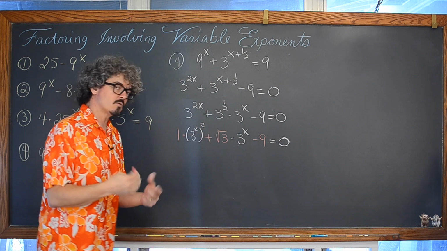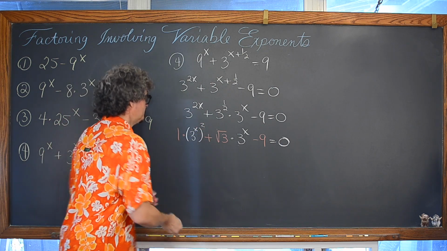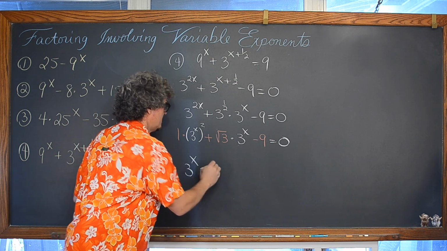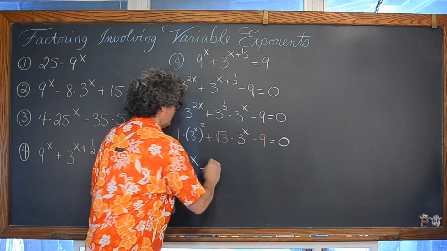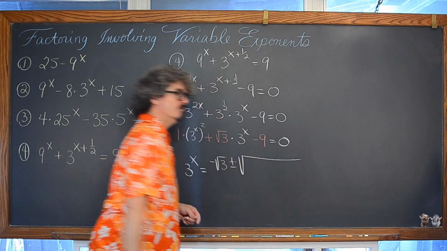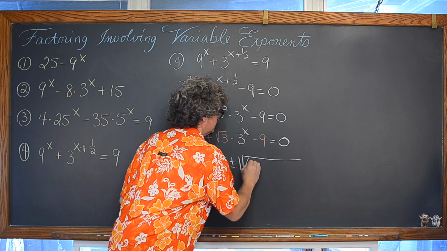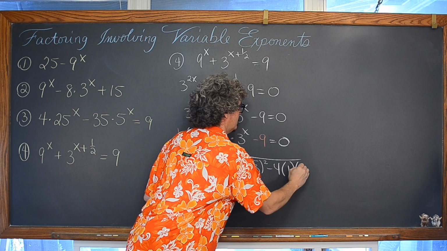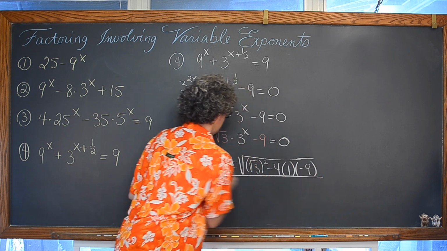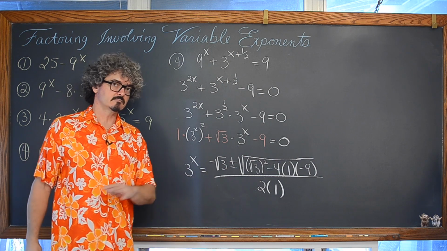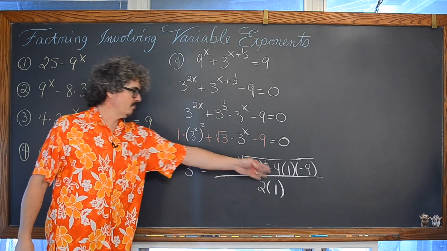So if you were to write the quadratic formula, instead of x equals, it'll be 3 to the x is equal to the opposite of b plus or minus the square root of b squared minus 4ac over 2a.